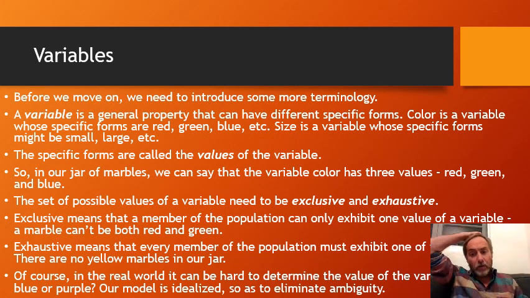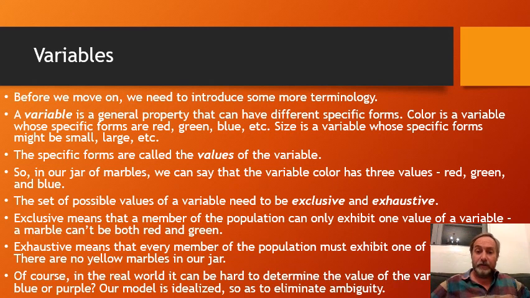One thing we need for this sort of enterprise to work, to have a model that's going to be able to give us conclusions about a real world sample or real world population, is that the set of possible values involved for a variable need to be exclusive and exhaustive.